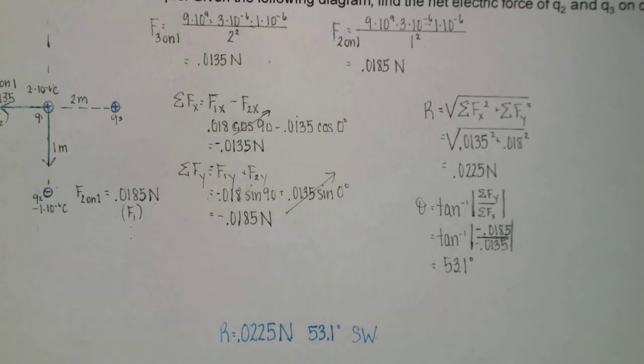You know how to do it. It's straightforward. You've done adding vectors by the component method. You've done that a lot of times, so now you just work through the process and follow the step by step. Find sigma F sub x, find sigma F sub y, find R, find theta, and smooth sailing. Just a lot of work, but smooth sailing. Let me know if you need me for anything though.